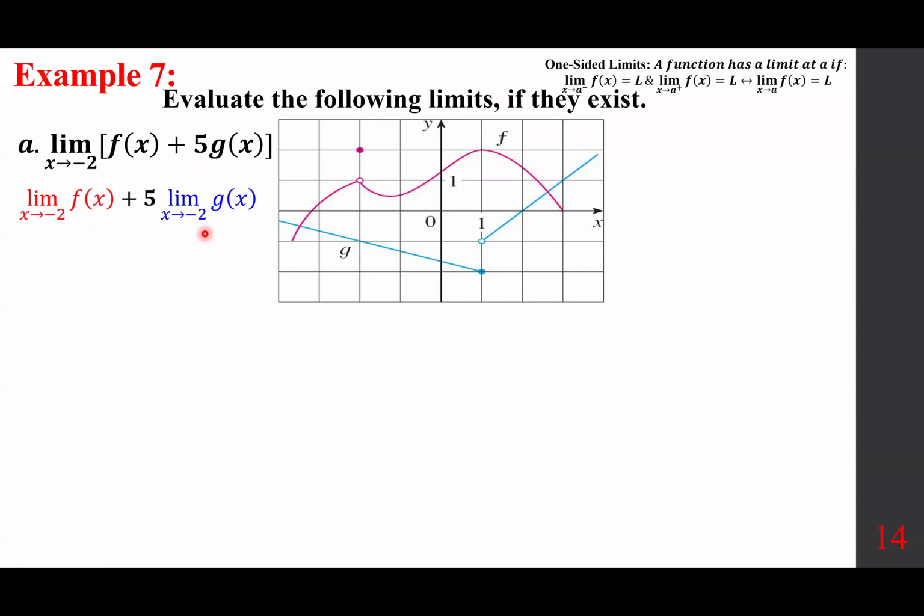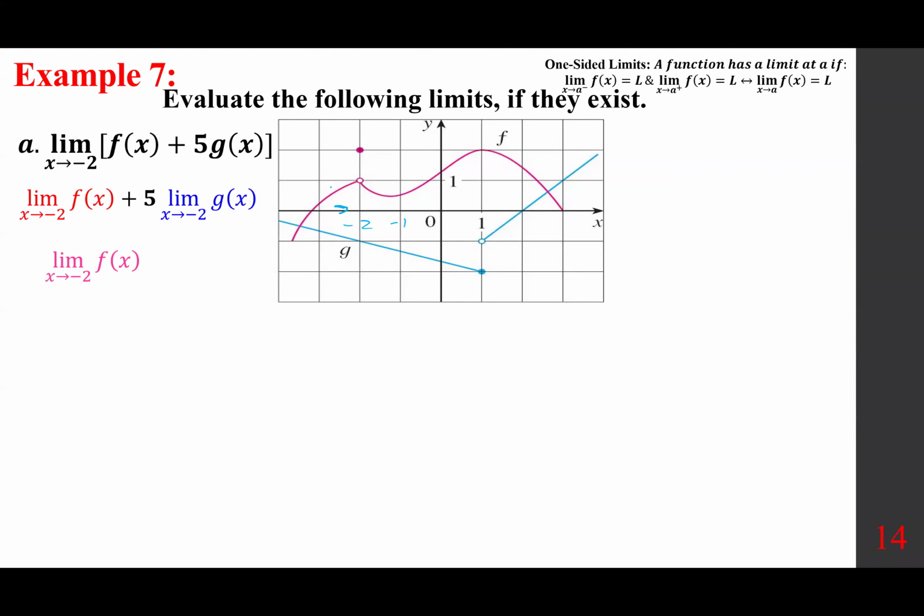Which means now we want this one, the limit of f of x as x approaches negative 2, and then that one. So the limit of f of x as x approaches negative 2. Let me use a different color actually. This is number negative 1, this is number negative 2.